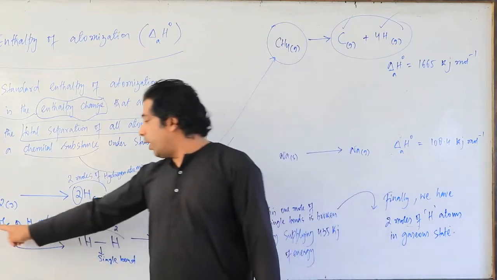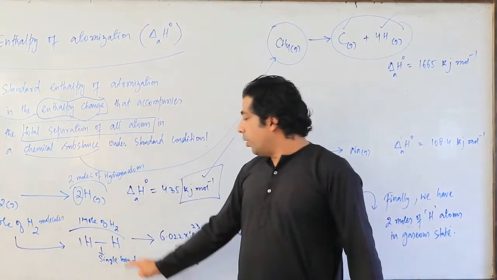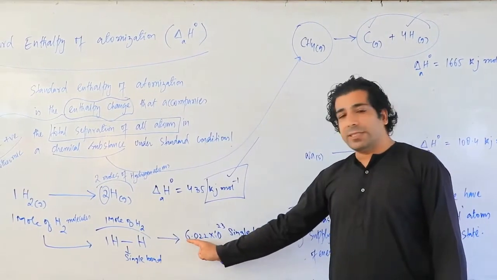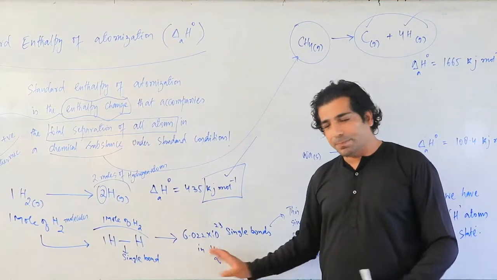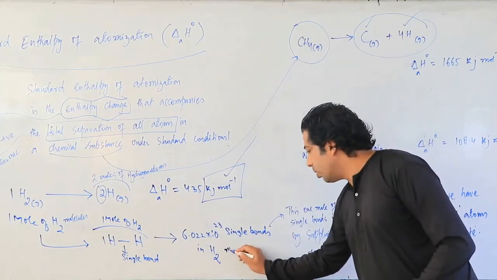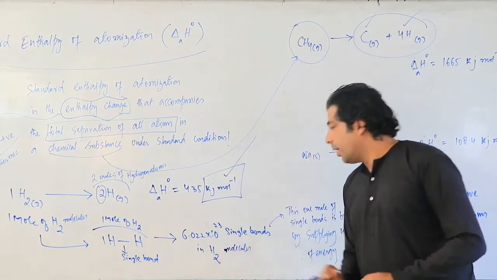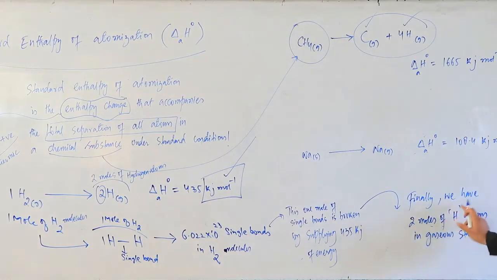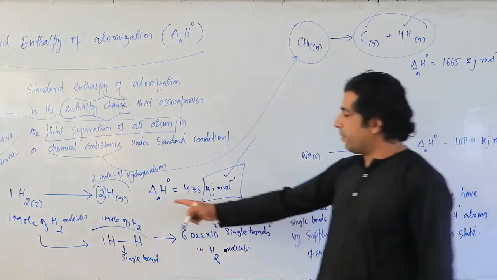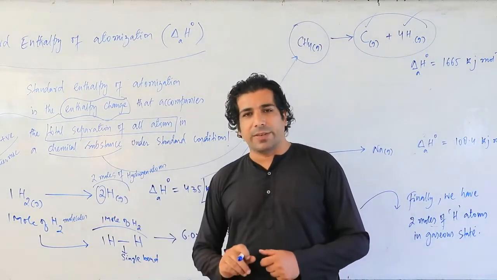Now in this 1 mole of hydrogen molecules, we have 6.022 into 10 raised to power 23 single bonds in H2 molecules, and you have broken all those single bonds, and finally we have 2 moles of hydrogen atoms in gaseous state, my dear friends.